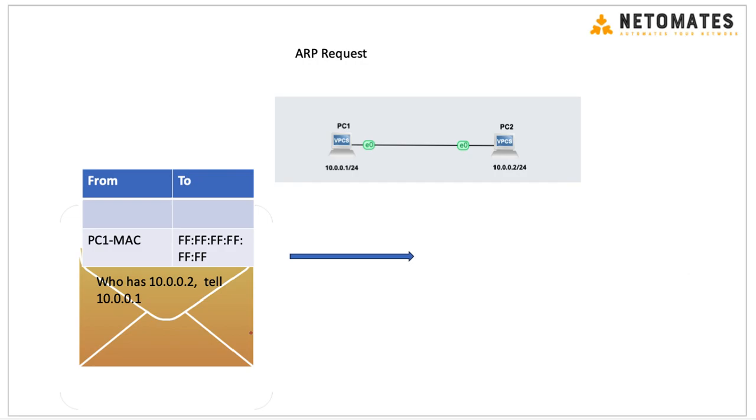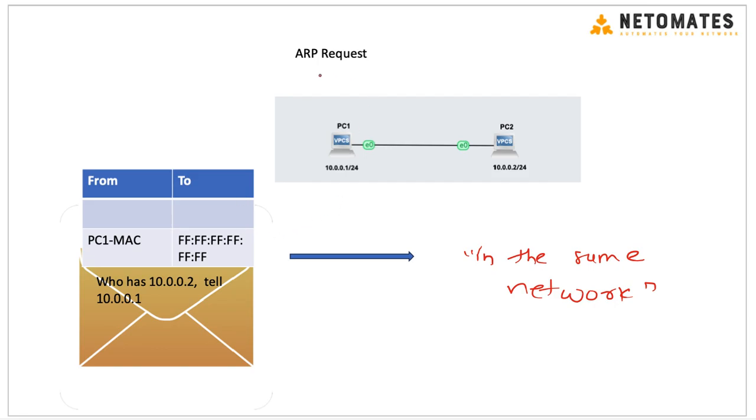When a machine doesn't know the MAC address of another machine in the same network, the keyword here is in the same network, it will use this protocol.